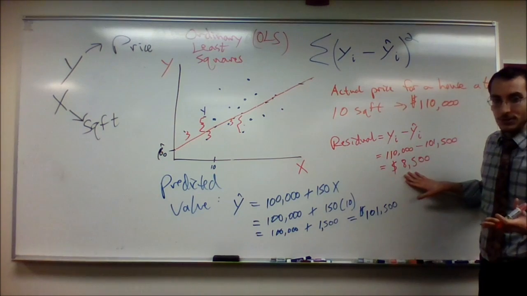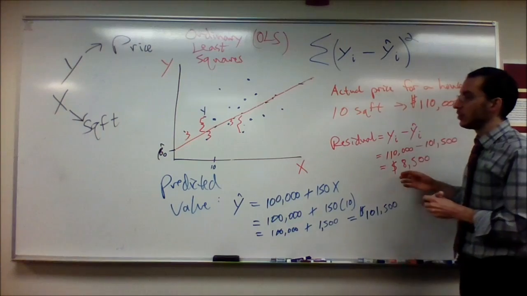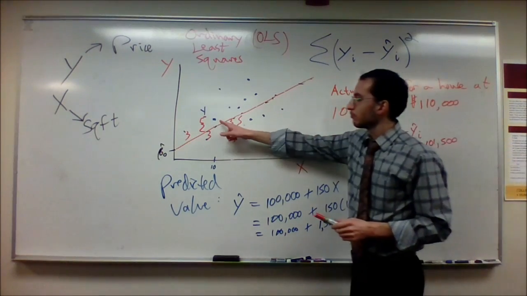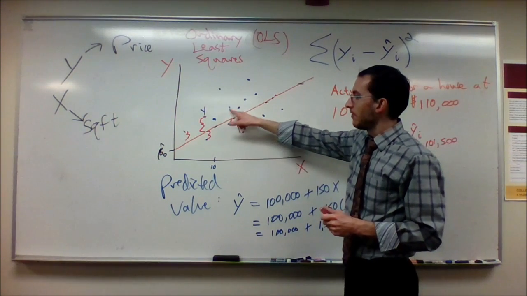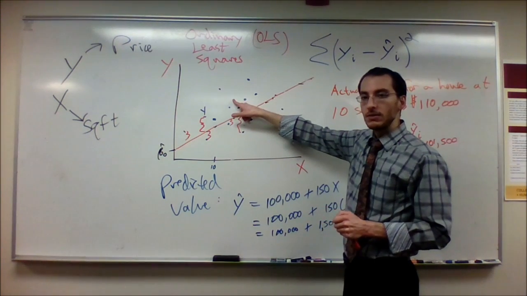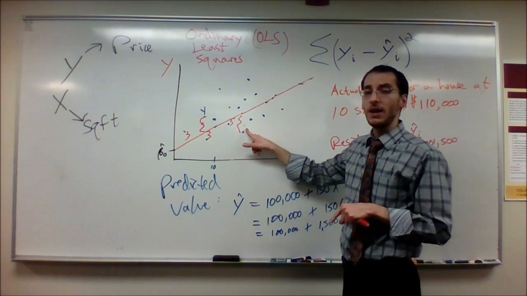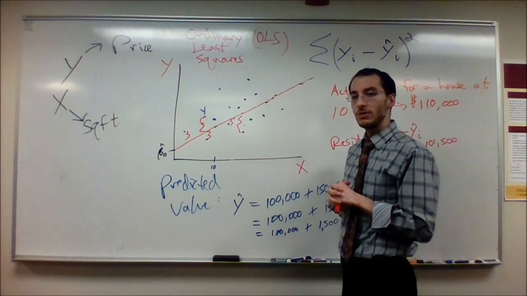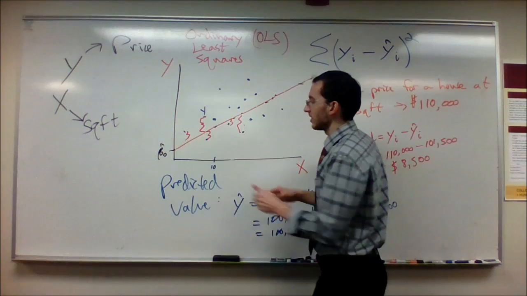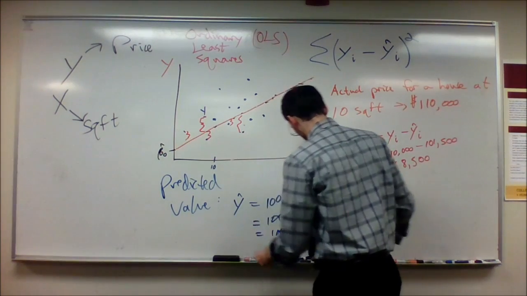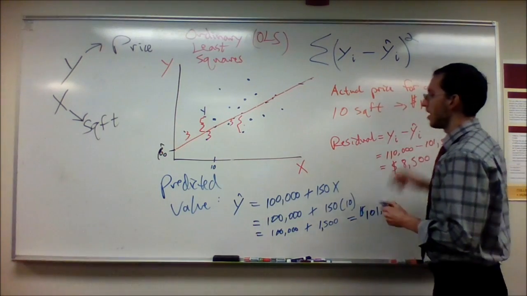You can get negative residuals. For all points that are above the line, we get a negative residual. For all points that are below the line, we get a positive residual. Because this distance, again, is the residual, y minus y hat.